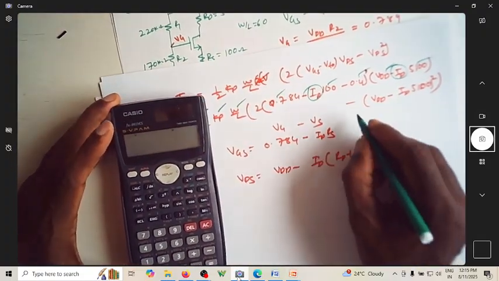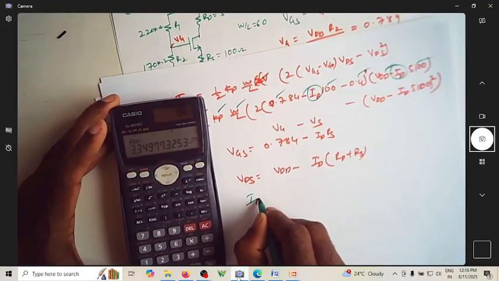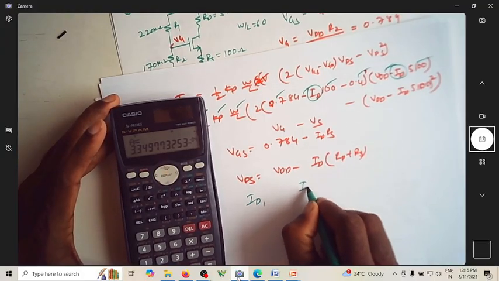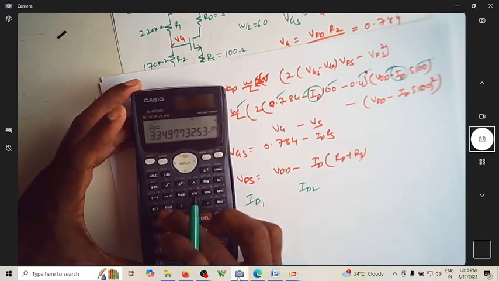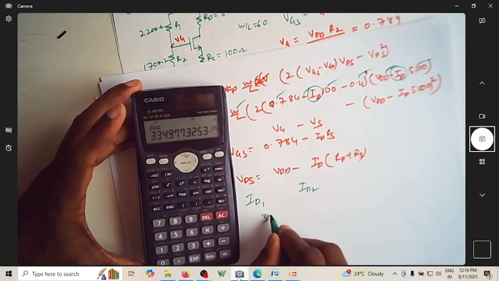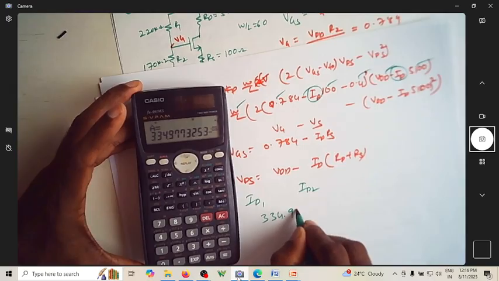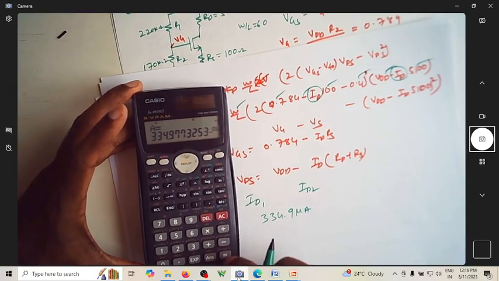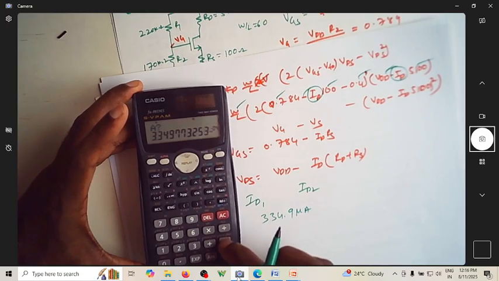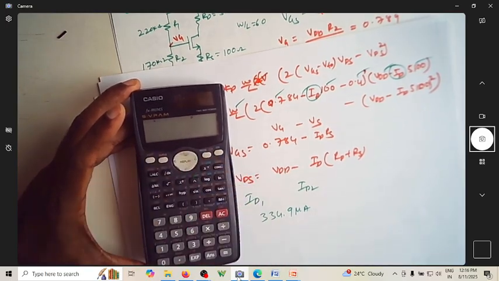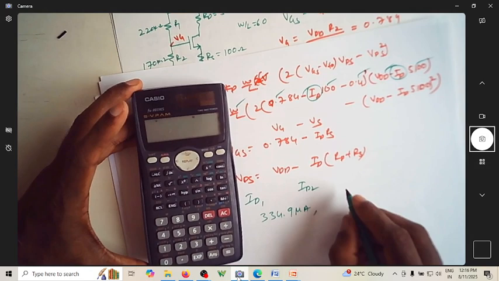Again, you will have two values of ID, ID1 and ID2. One of them is 334.9 microampere. The other one would be equal to minus 1. Let me find the other one.